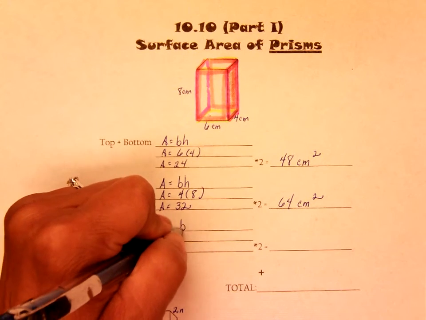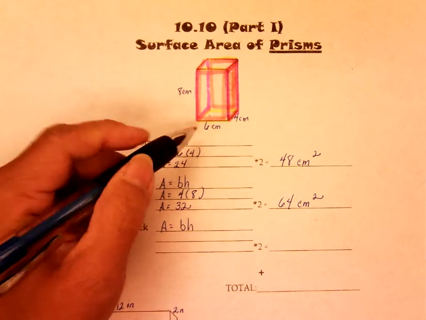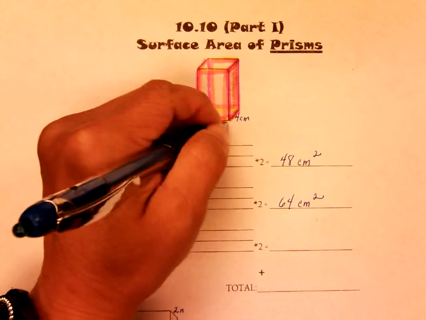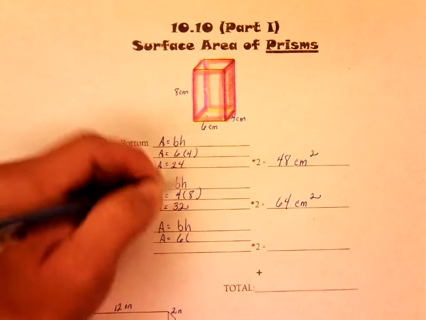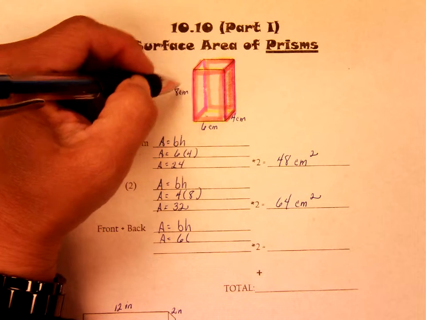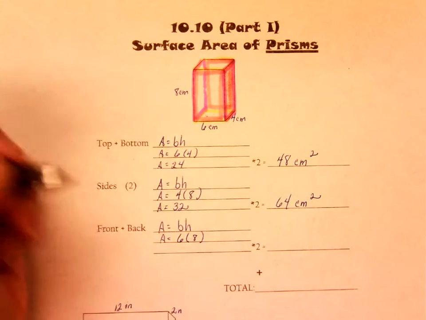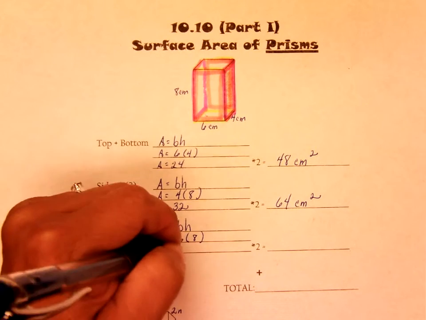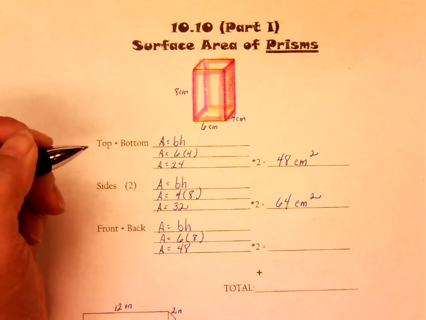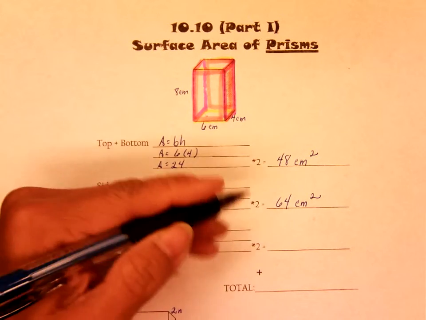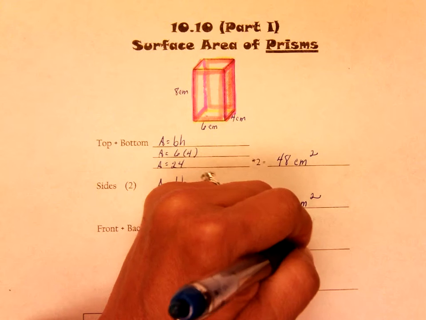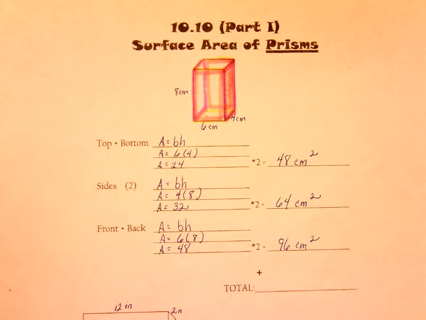Area is equal to BH. The base right here is 6, and the height, here's the height right here, would be 8. So 6 times 8, and area is equal to 48. And 48 times 2 is 96 centimeters square.